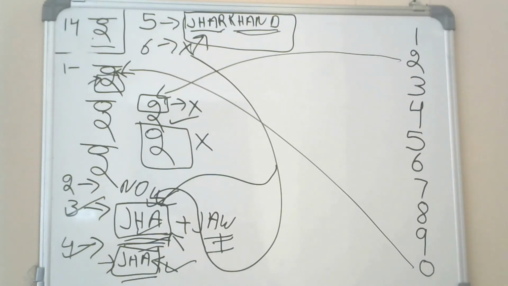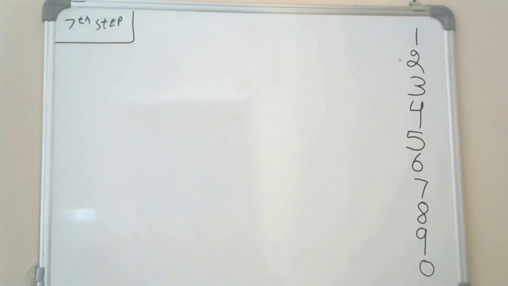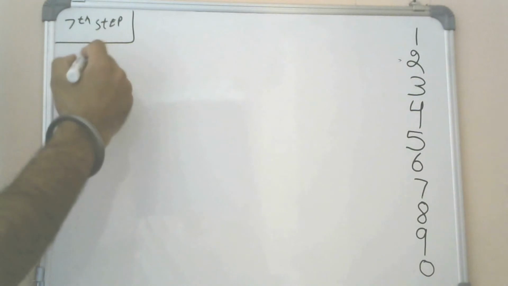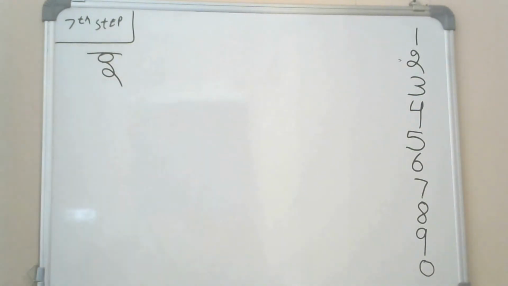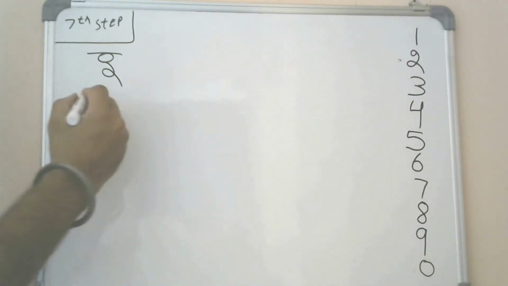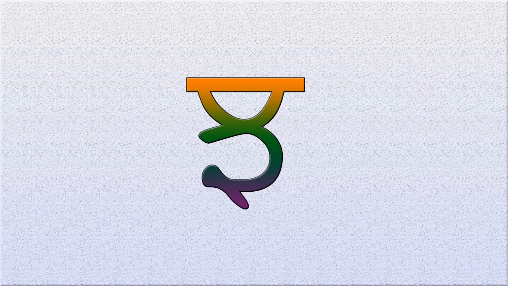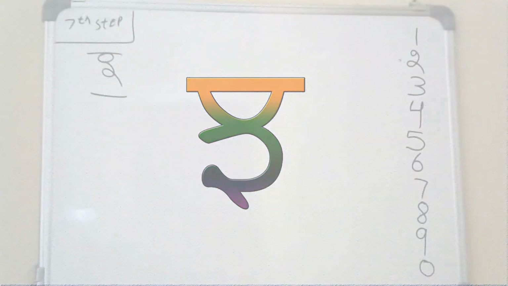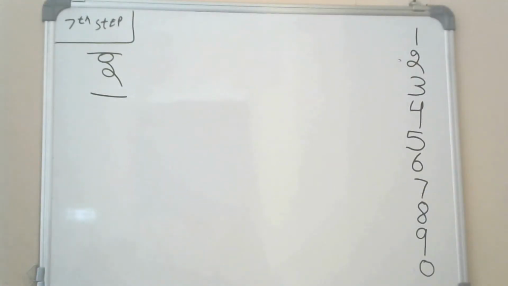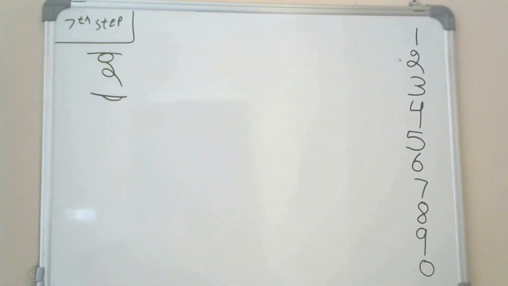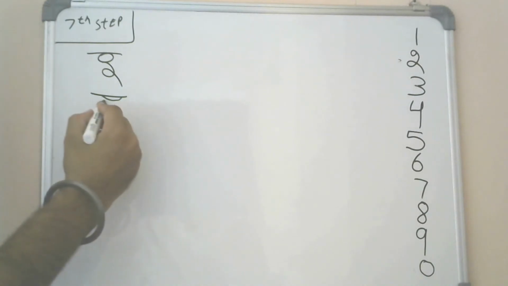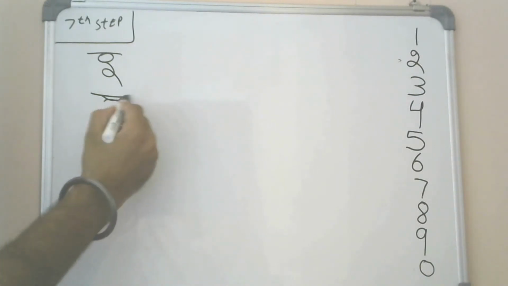Seventh step, how to write it correctly. What I said was, first have a line, a 0, and then a 2. But if you type on the computer, it will be something like this. First a line, instead of a 0, what we need to have is something like this. Once we have that, then we will use 2. So it will be like this.